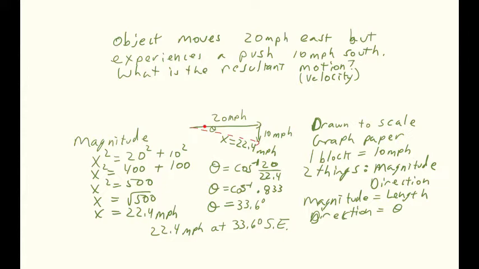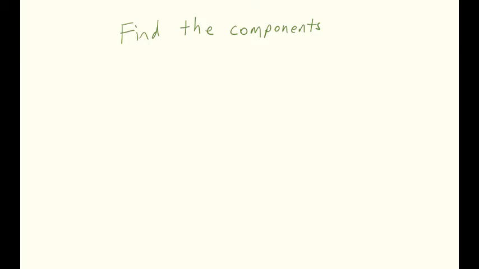So if you had two components to your velocity, one east and one south, your object would actually follow this red line. If it continuously did this, it would turn into a curve shape, which we'll talk about a little later. But right now we just want to practice our angles and finding the resultant. Another kind of question I could ask you is to find the components of a particular vector.